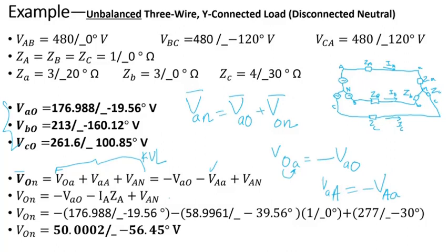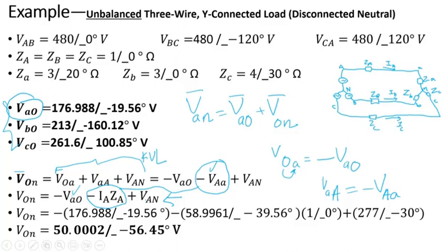So that's what I'm doing in this equation here. And VAA, this here, is just Ohm's law. So I know VAO from here. I know the current through phase A, or IA. I know ZA. So I can calculate that.